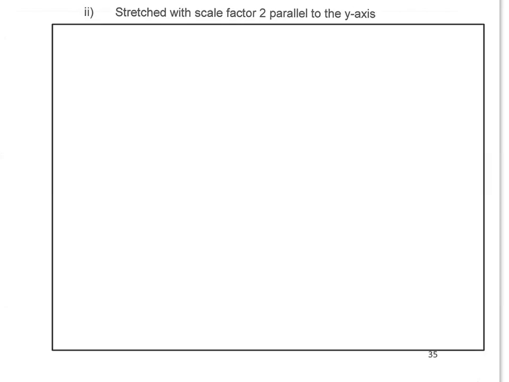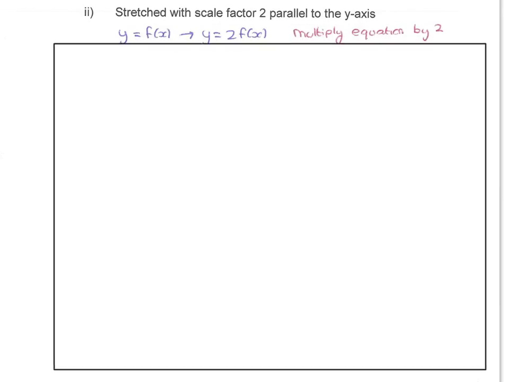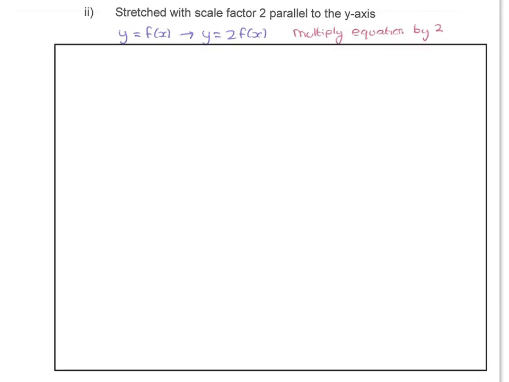In the second part of this example, we have to write down the equation of the curve once it's been transformed by a stretch with scale factor 2 parallel to the y-axis. Using general function notation, if we start with y equals f of x, to stretch it parallel to the y-axis we must multiply the full function by the scale factor, which is 2.